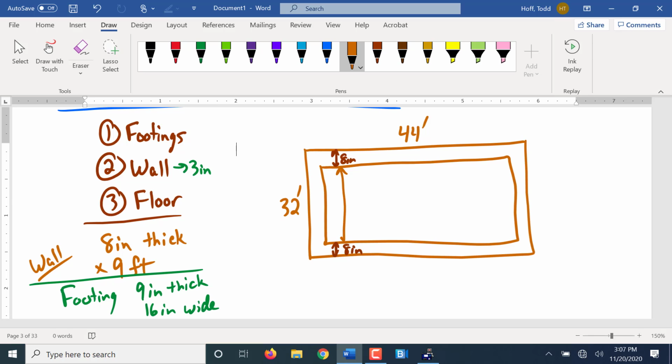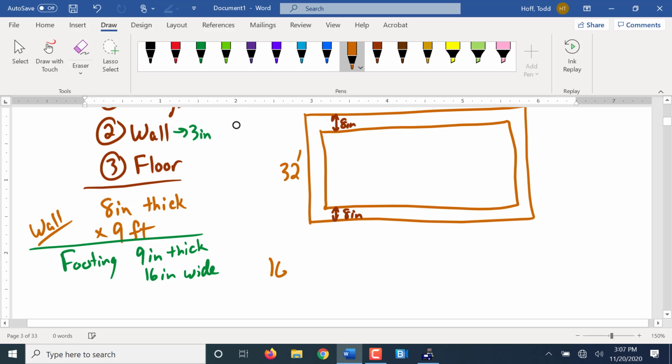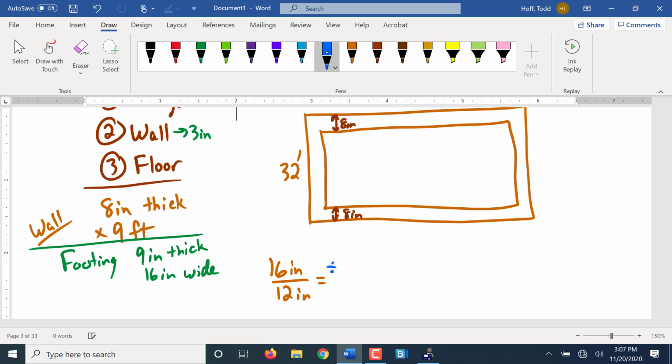This dimension here from the 32 feet. 16 inches, we're going to put it over 12 inches to make that 16 over 12. Both divide by 4 gives me 4/3 or 1 1/3 feet. Everybody see where that comes from? Does that make sense? Okay. So we've got 1 1/3 foot there, which means 32 minus 1 1/3 means this dimension in here is 30 2/3 feet.